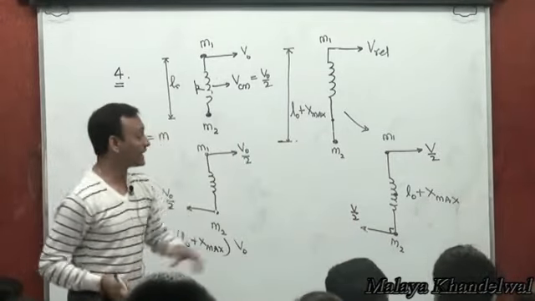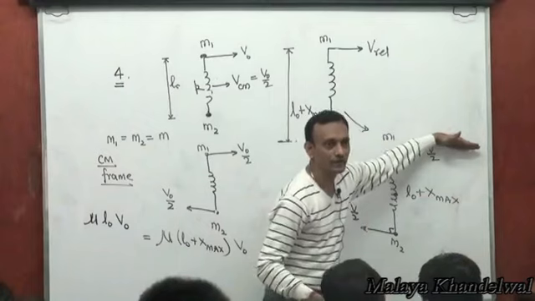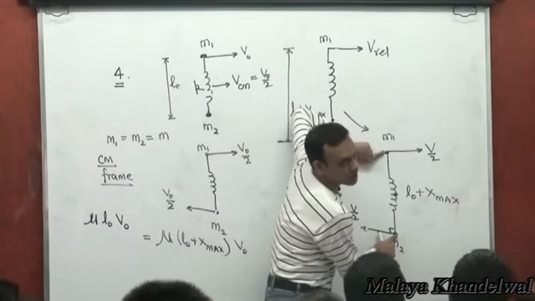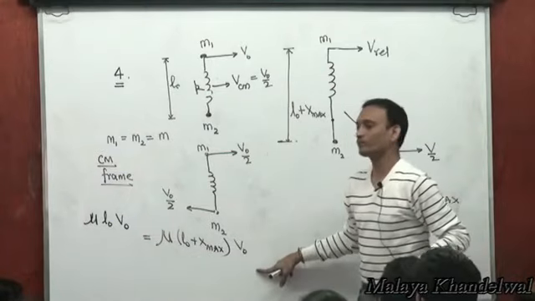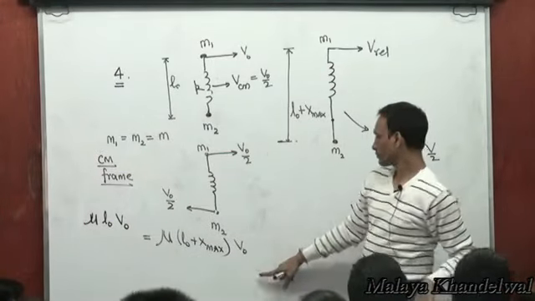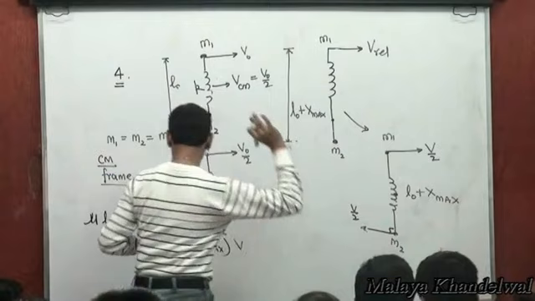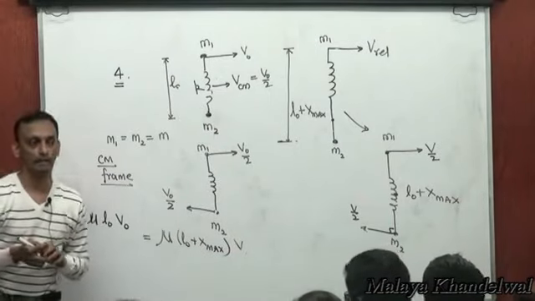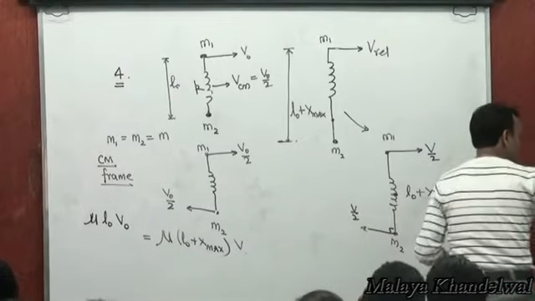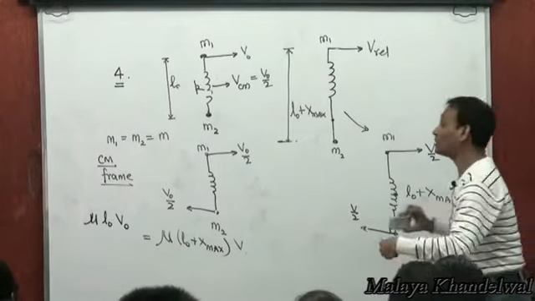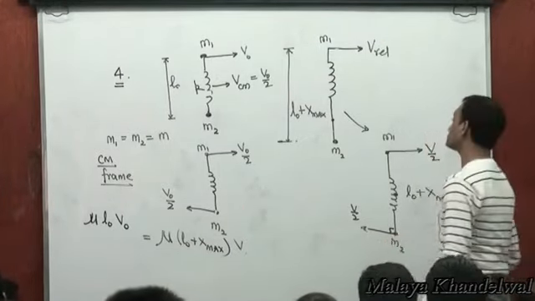See, again in this case, relative velocity is v, which is perpendicular to r12, which is L naught plus x max. Yes or no? So that's as far as angular momentum is concerned, right?